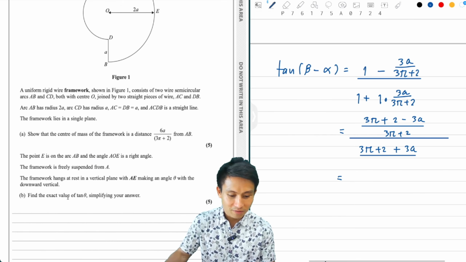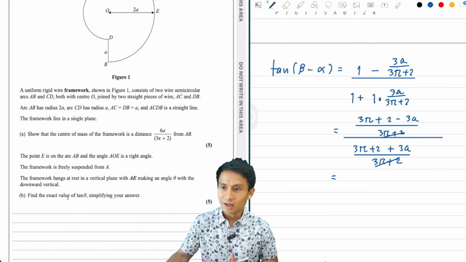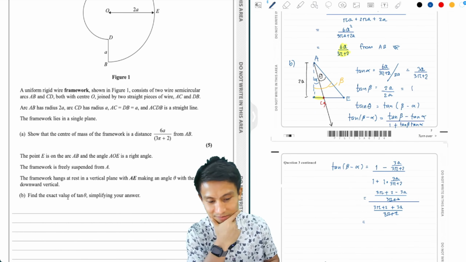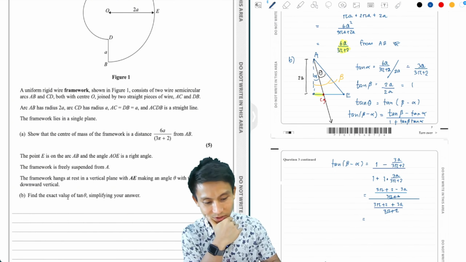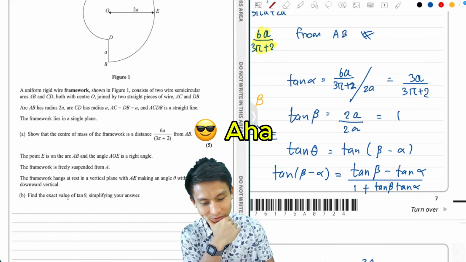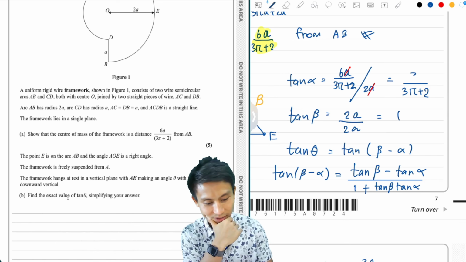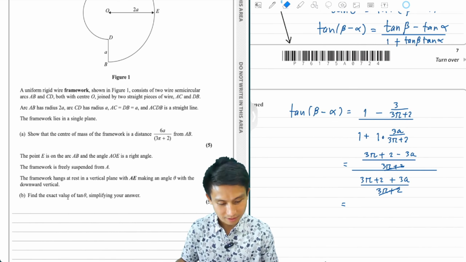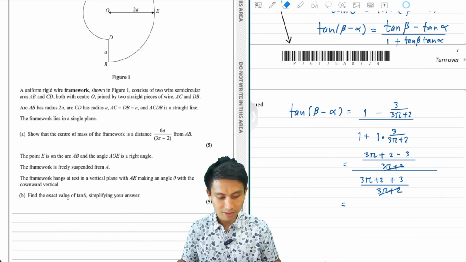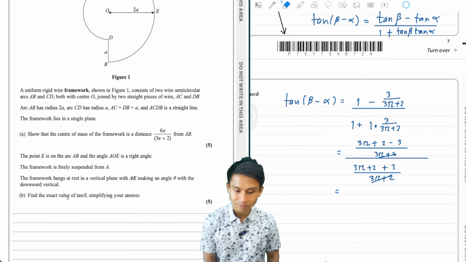So the denominator of the denominator here is also 3 pi plus 2, which cancels these. Okay. Oh, sorry, I forgot to cancel A here. So that must be 3. Okay, just 3 there. All right. Okay, I think that's it. Let me double check everything.